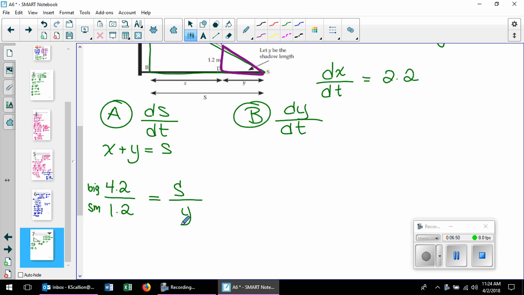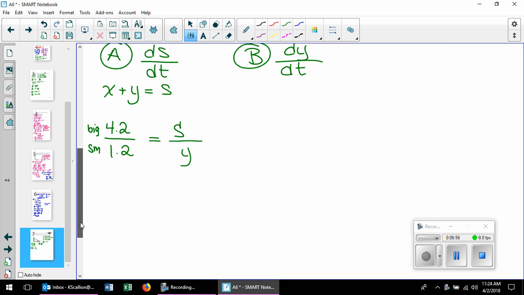None of this is ringing a bell from grade 9? Okay, it was a long time ago. So I've got 4.2y equals 1.2x. What do you guys want to do? We should probably solve for y. So what's that going to be?